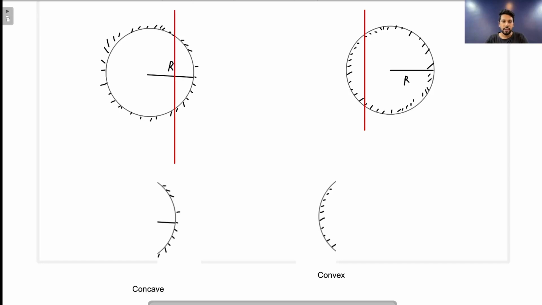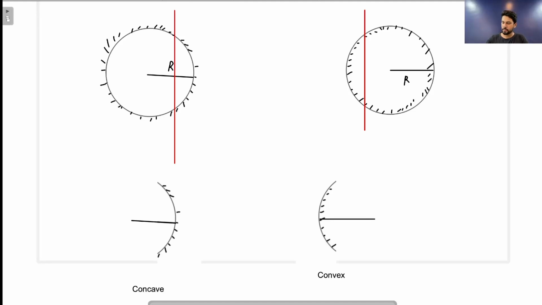Simple. That is how they have a radius like this. The line that you extend here is nothing but their radius.